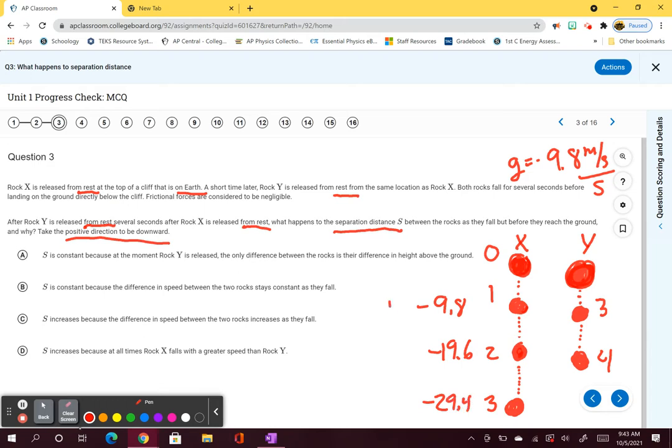That's going to be our velocities. Remember, that's meters per second. So that means for every second, that rock is going to fall 9.8 meters. For every second, that rock is going to fall 19.6 meters. For every second, it's going to fall 29.4 meters.